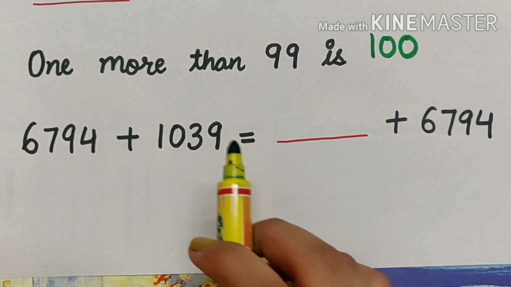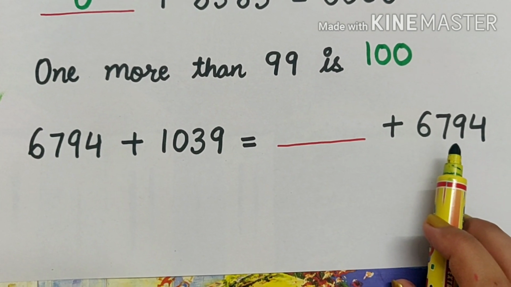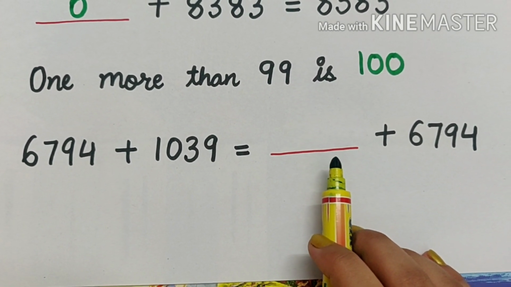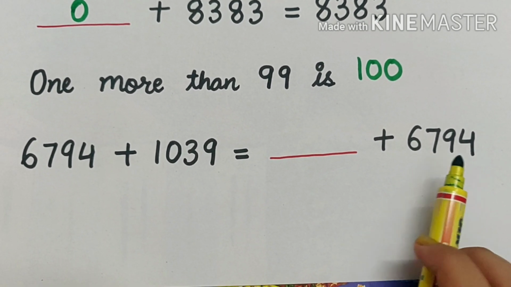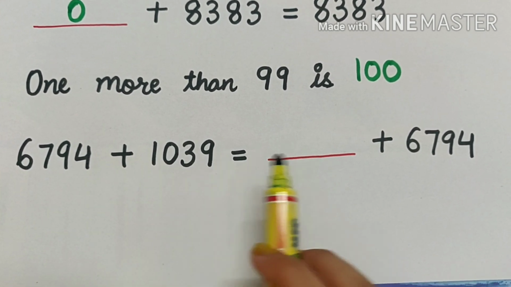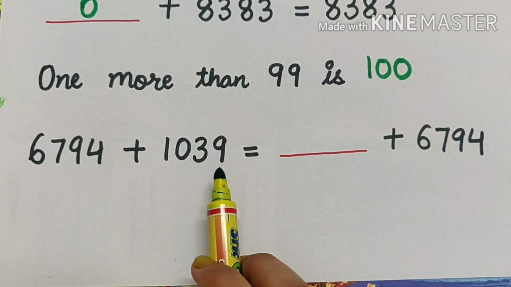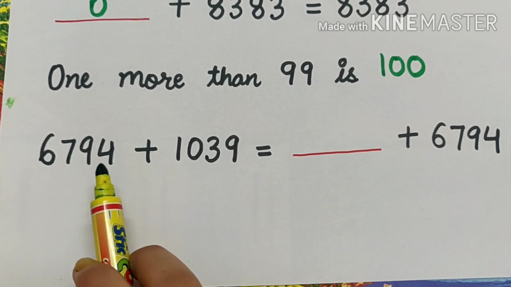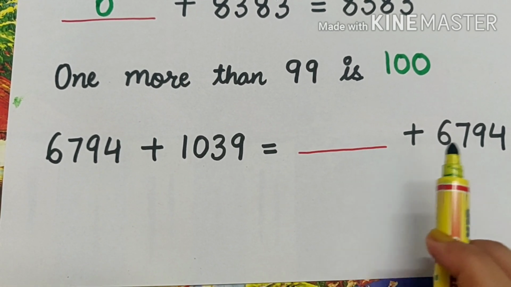Now kids, in this question you can see there are two numbers, but there is only one number, and here we have to fill a number. 6794. These two numbers are same, and again there is a number 1039. If we will add these two numbers, that should be equal to these two.